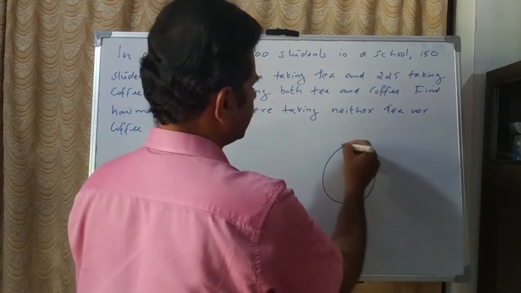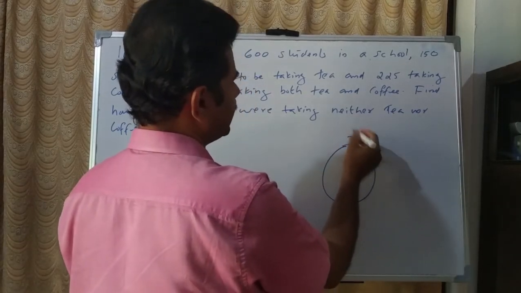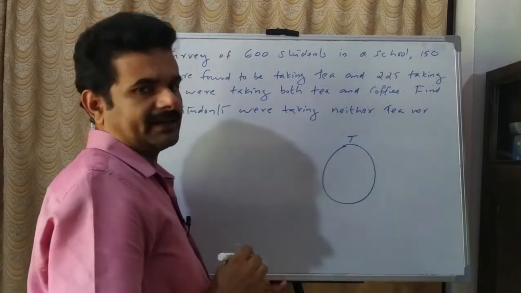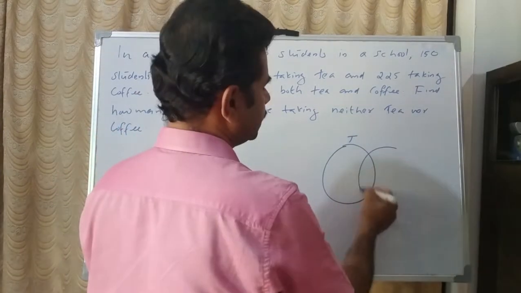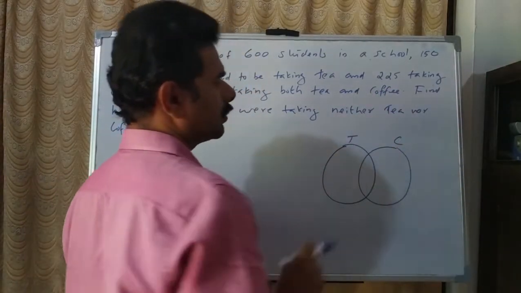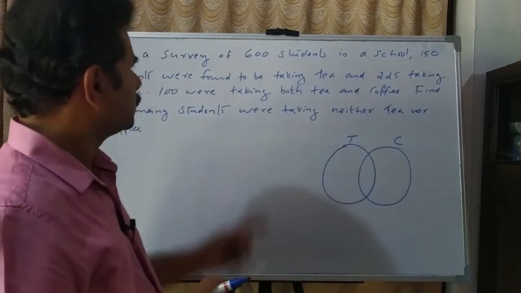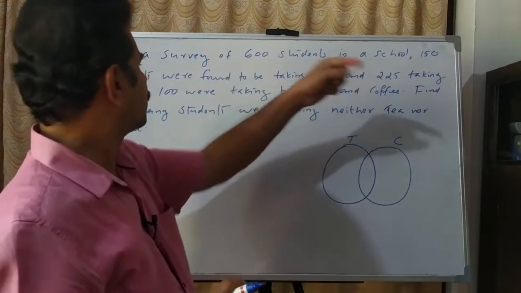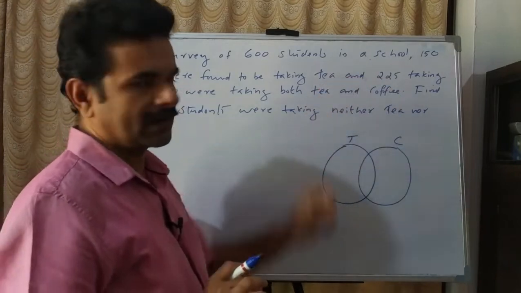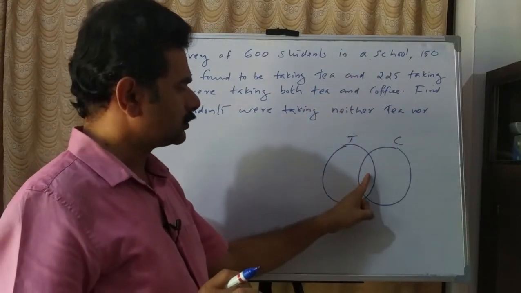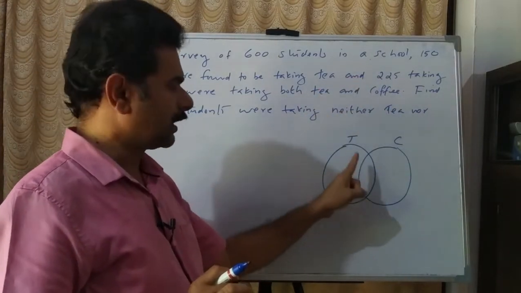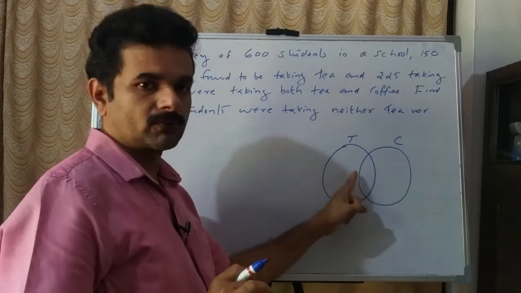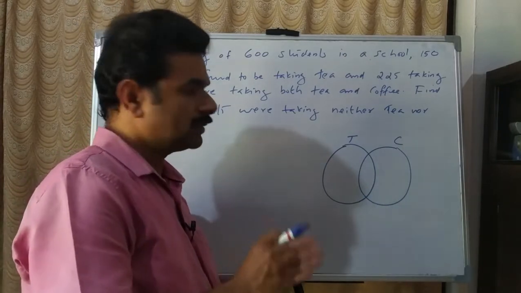Firstly, I am taking a set T for tea and another set C for coffee. The numbers are given: 600, 150, 225, etc. So firstly, we are focusing on the intersection, the number of people who prefer both coffee and tea.